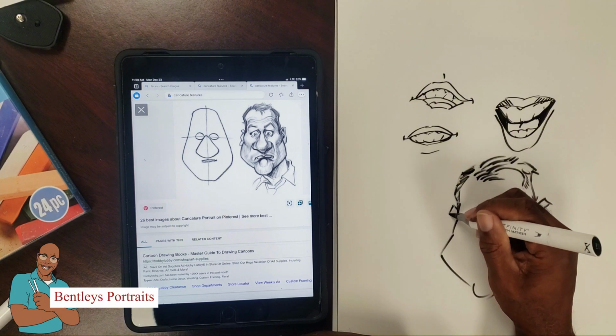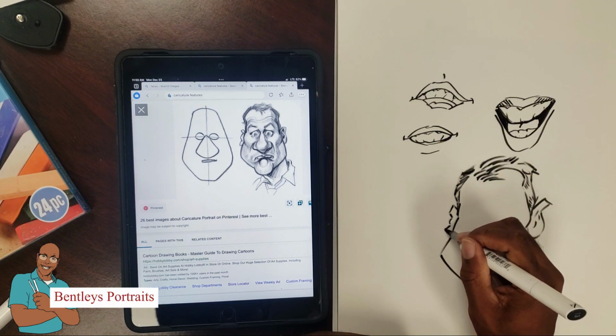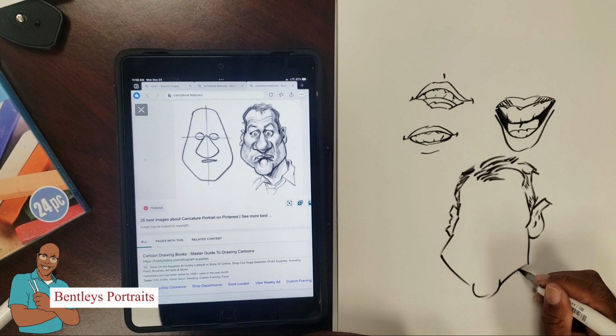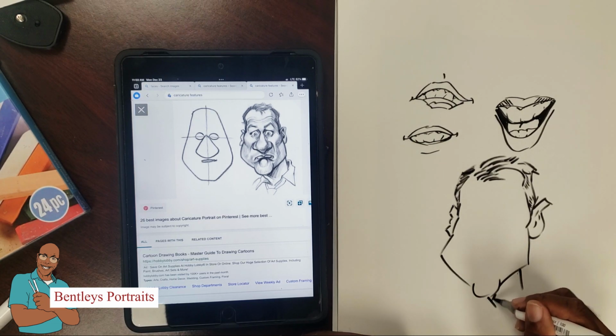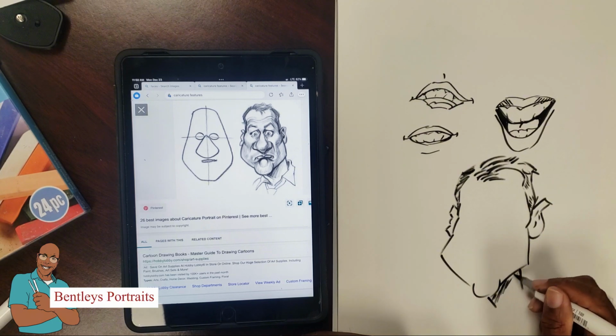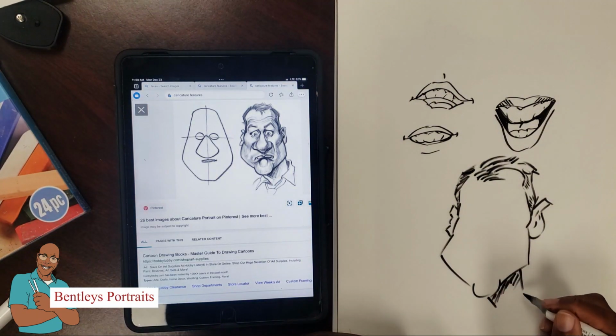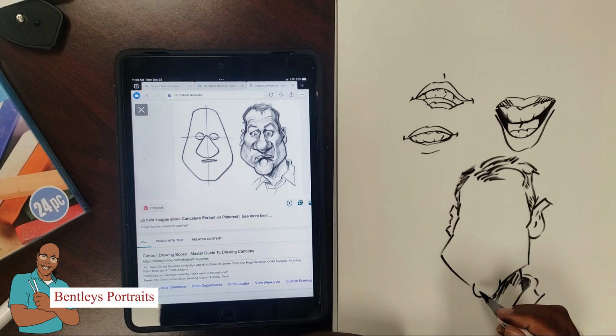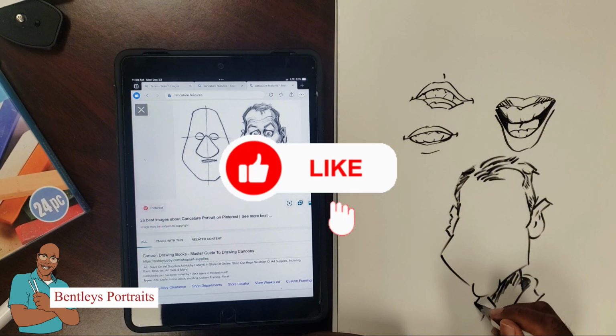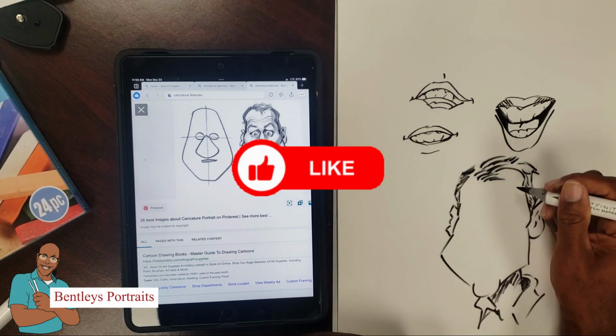You would have more deliberate lines and shapes. But I'm doing this with minimal movements. And again, what I'm doing is just basically drawing what I see.